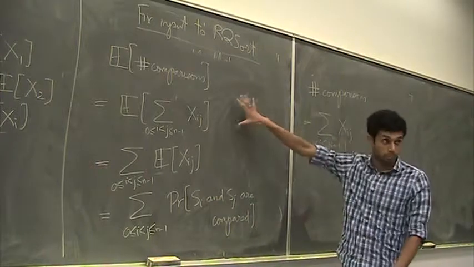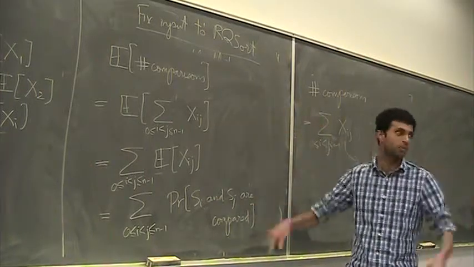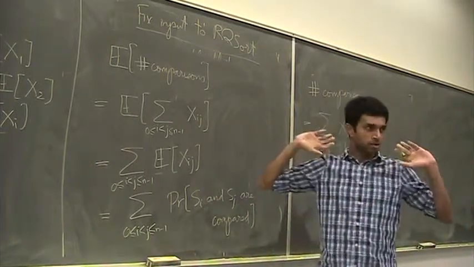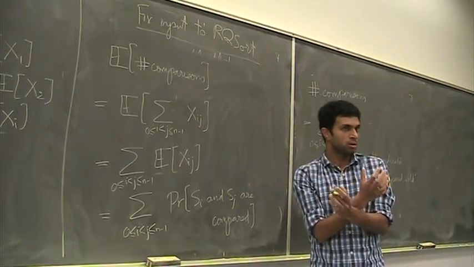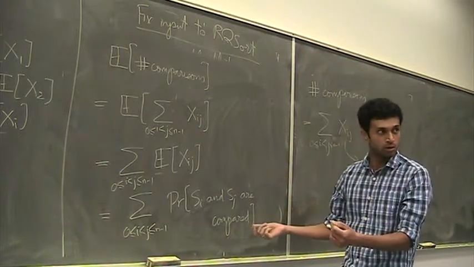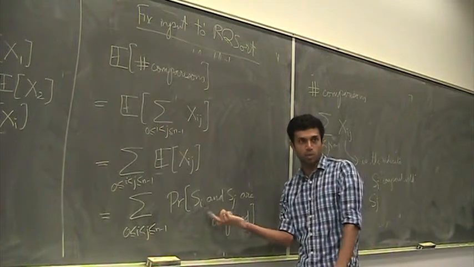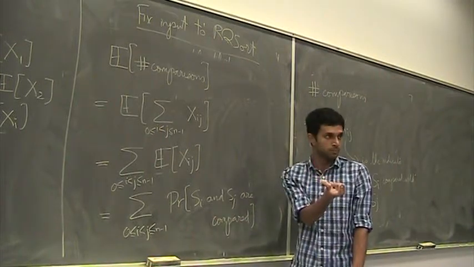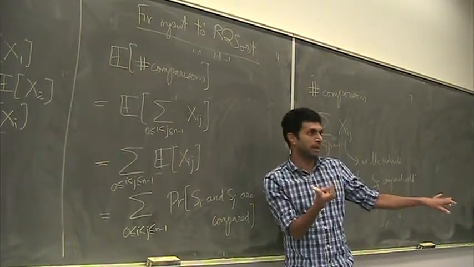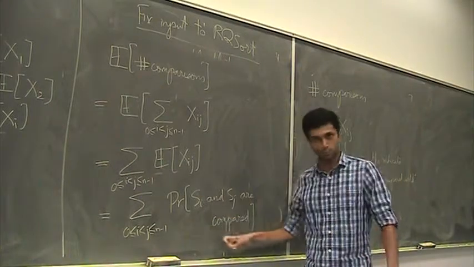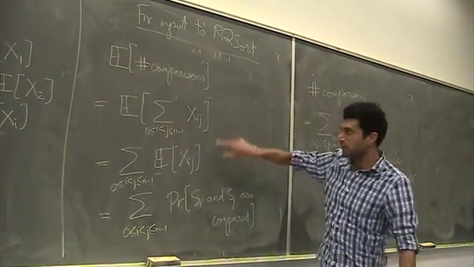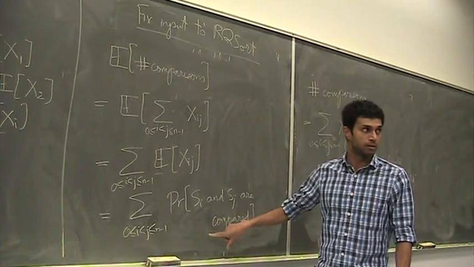So this is really remarkable because instead of trying to understand how randomized quicksort works as a whole, all I have to figure out is for any i and j, what is the probability that they are compared, regardless of what happens to everything else. And I just sum up those probabilities. And this is even though these are all dependent.